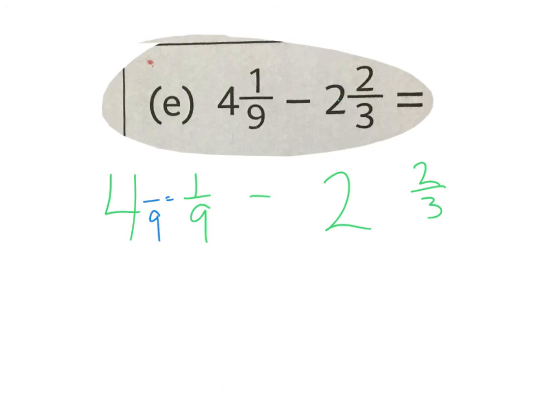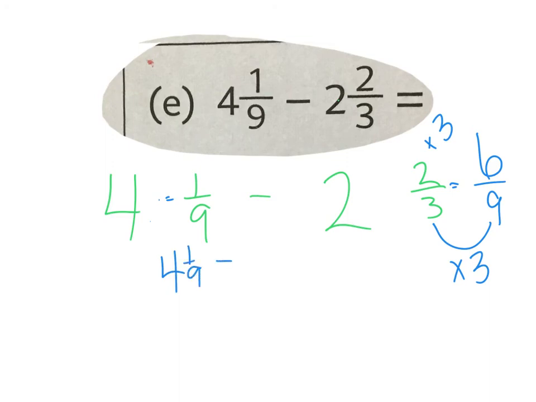Let's not waste our time, because the denominator is going to be 9. What did I multiply 3 by to get 9? 3. So multiply the top by 3, 6. Now we have 4 and 1/9 minus 2 and 6/9.